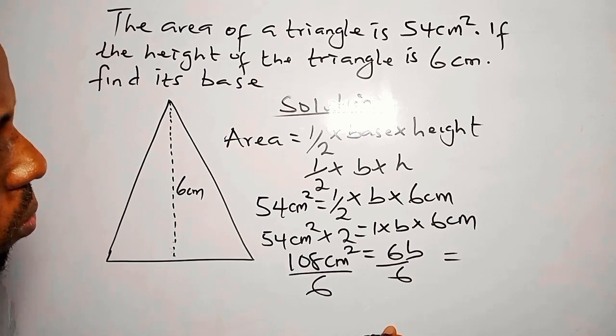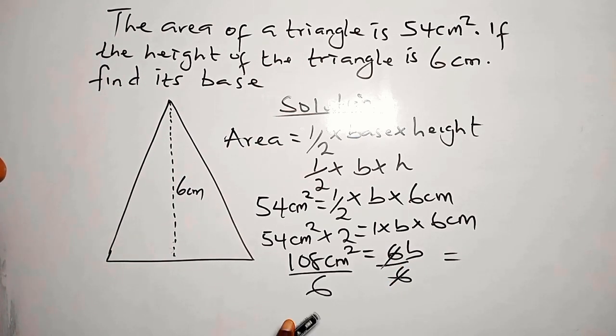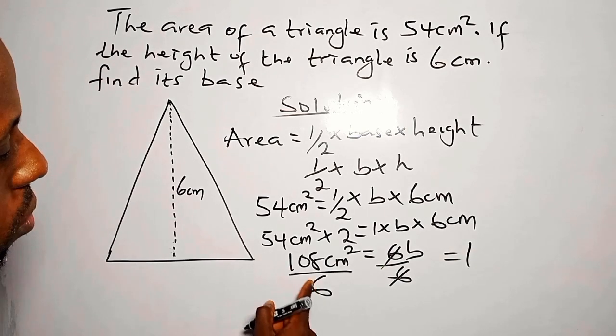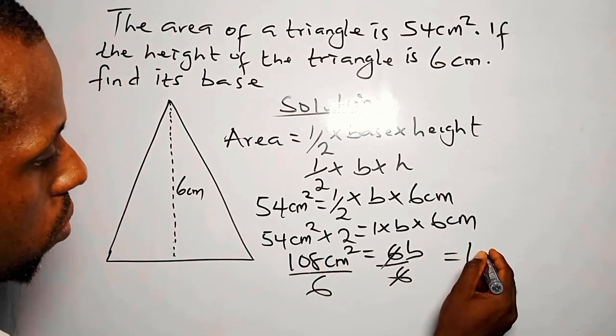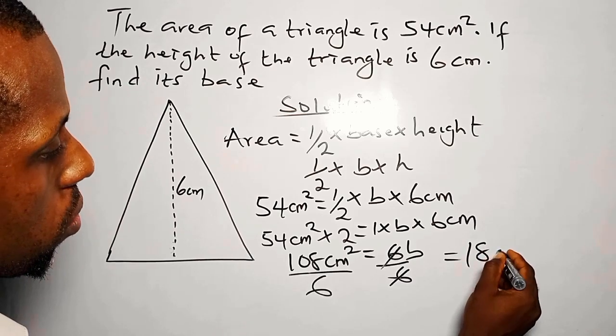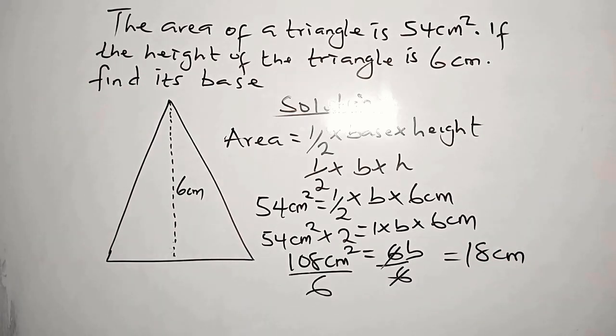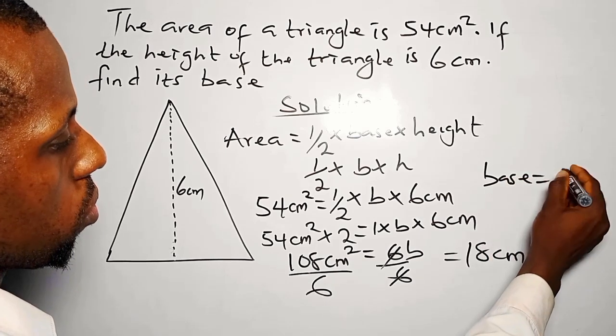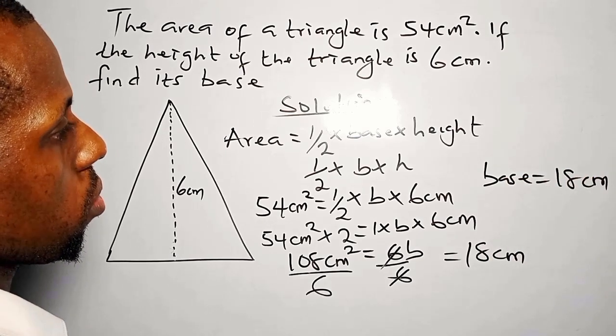So 108 divided by 6: 6 into 10 is 1, and 6 times 8 is 48. That means the base of this triangle equals 18 centimeters.